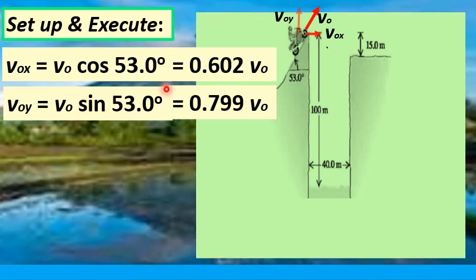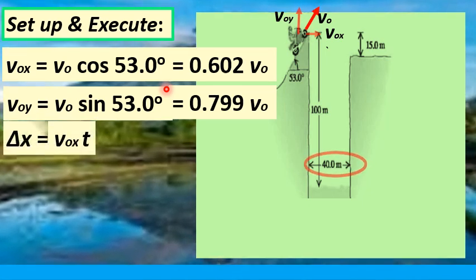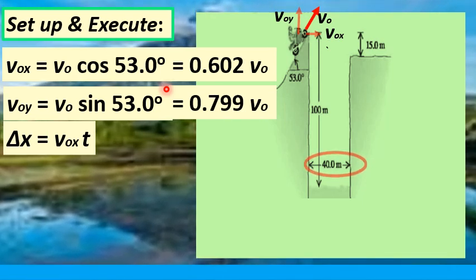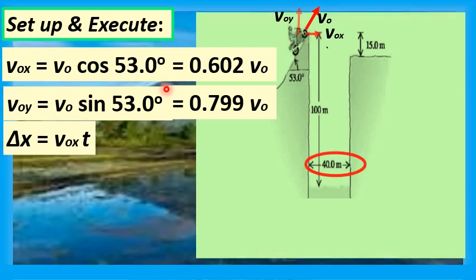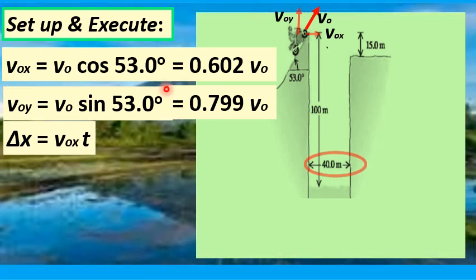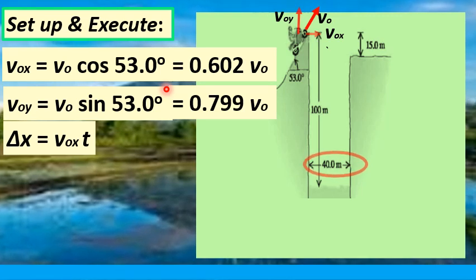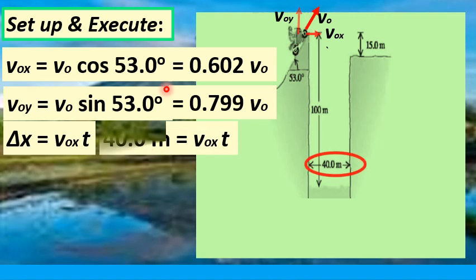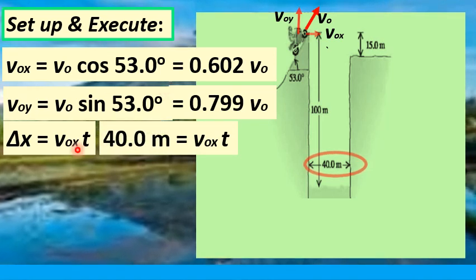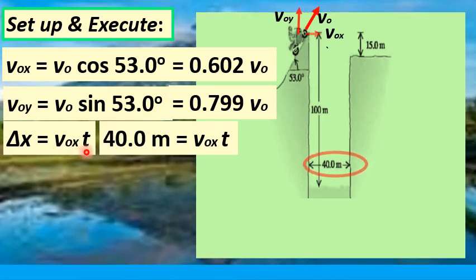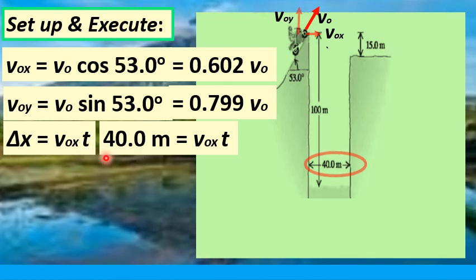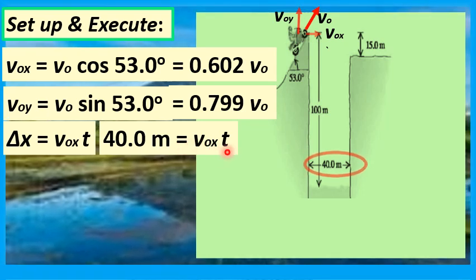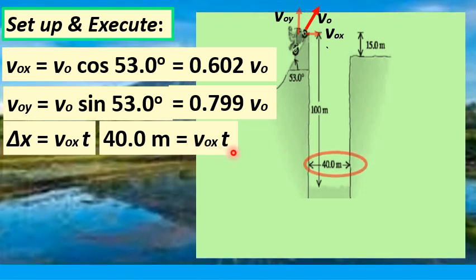The horizontal displacement delta x, which is given as the width of the river denoted by small letter d equal to 40.0 meters, is equal to the product of v0x and the time t, or delta x, which is 40.0 meters, equals v0x times the time t.